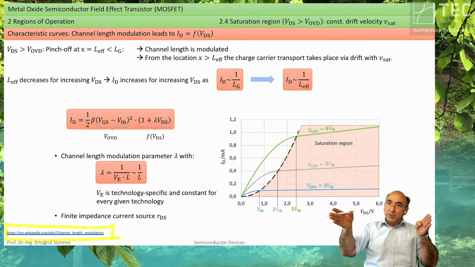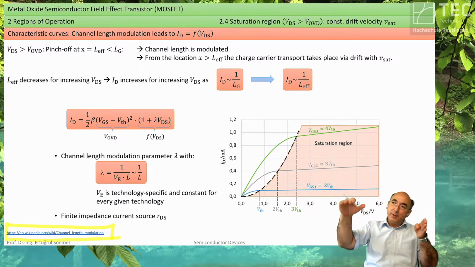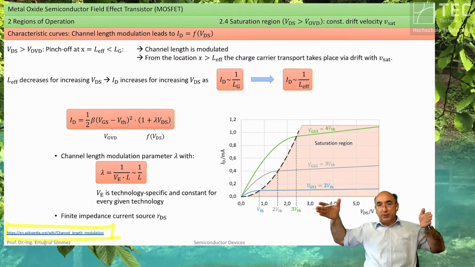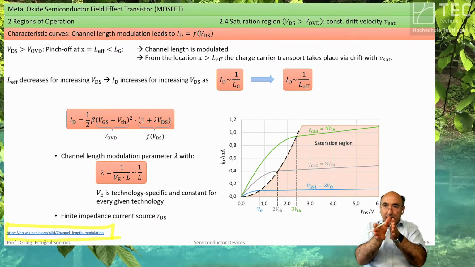So the length modulation is given by doping concentrations, oxide thicknesses, and the voltage you apply to the drain. And this changes the channel length. The length modulation in relation to the full length is small if your transistor is large, and the percentage is high if the channel length is small.